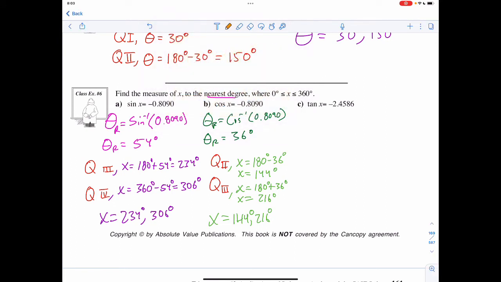For the last one, my reference angle is going to be tan to the negative 1 of positive 2.4586. So my reference angle is going to equal, in this case, approximately 68 degrees. When is tan negative? In quadrant 2 and in quadrant 4.